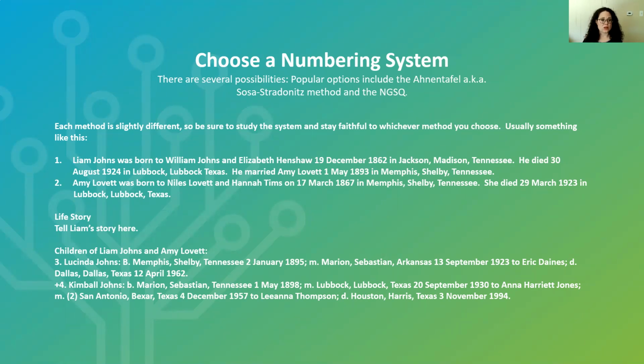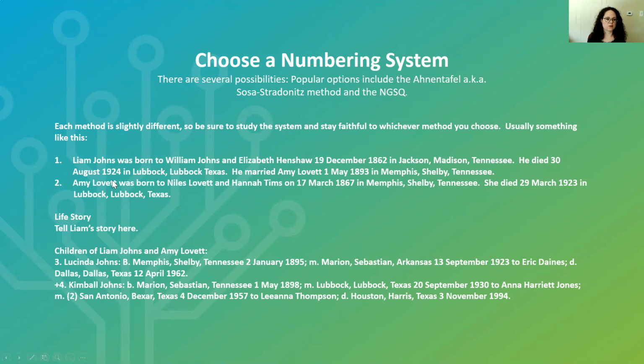They're all very similar. This is one example. Most of them assign a number to the person, in this case, Liam Johns, and you'll always include genealogical facts. It's just going to be a quick summary of the facts: who that person was born to, when and where they were born, when and where they died, and who they married, and when and where.